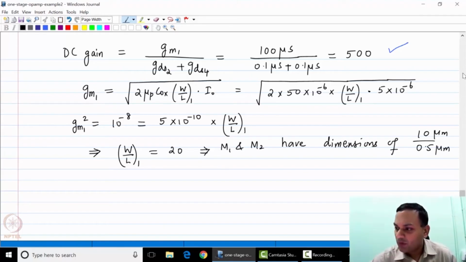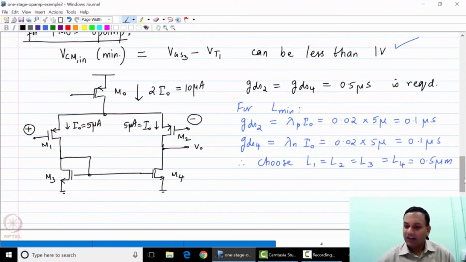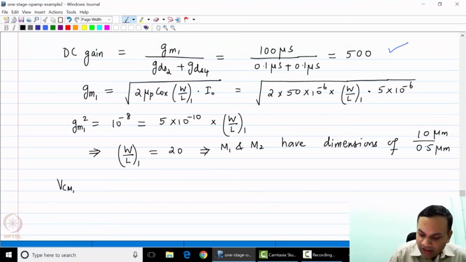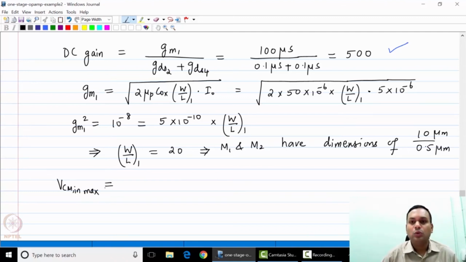So now we have the sizes of M1 and M2. Let us now decide the size of M0. Since we know the size of M2, we can calculate the size of M0 in the following way. We know that VCM in max should be equal to 3.5 volts.